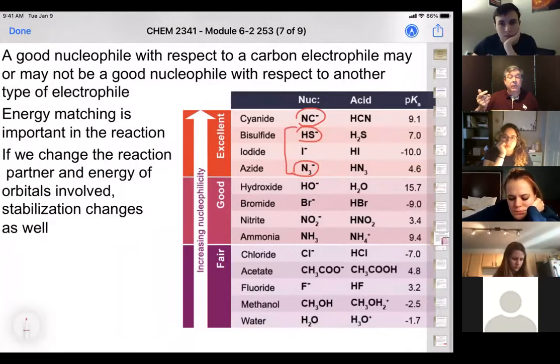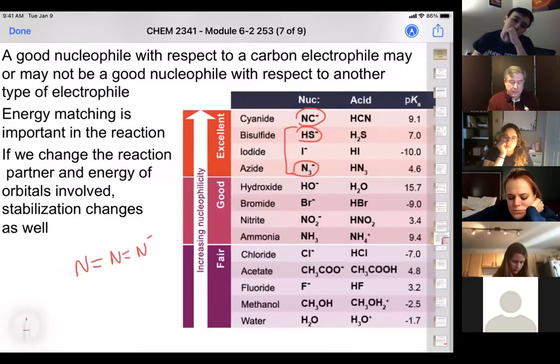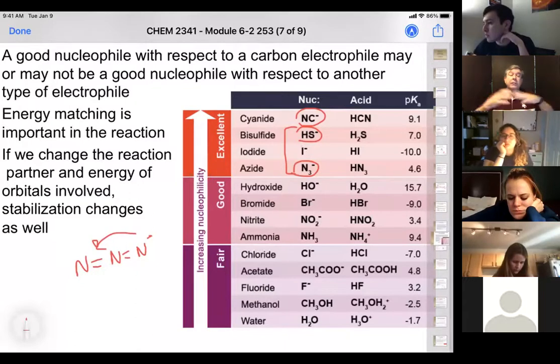We have a sulfur, which is a big atom. We have an iodine, which is a big fluffy atom. And we have azide. Azide has a negative charge, but it's conjugated, so the negative charge goes back and forth. So the negative charge is spread out over that, so it is also very polarizable. These are what we call our excellent nucleophiles. They have charge and they have polarizability.